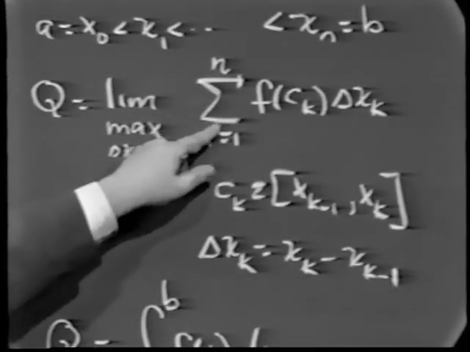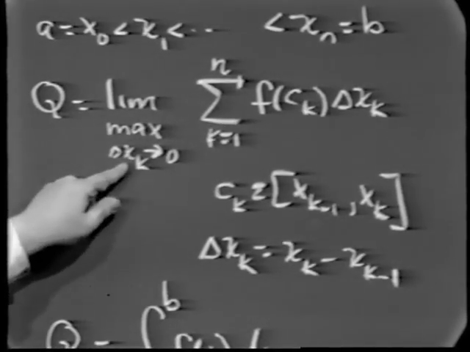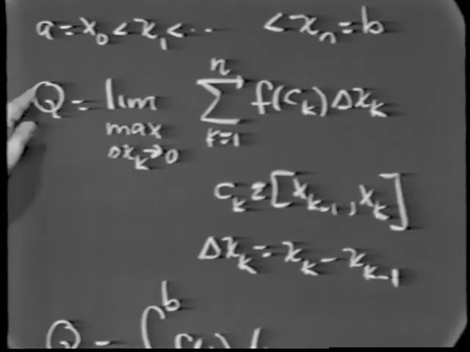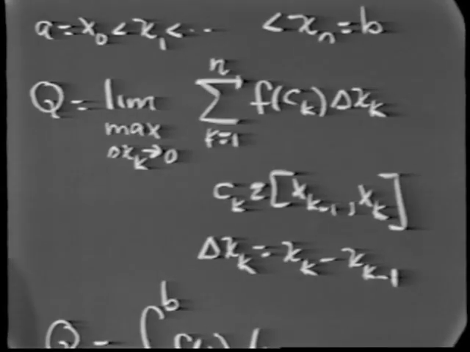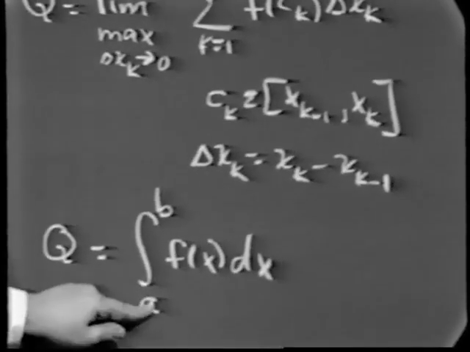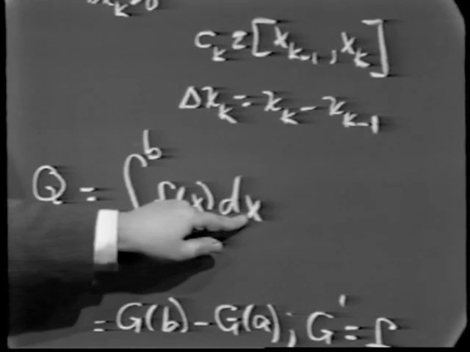If we take that limit as the largest delta x approaches 0 and call that q, that limit q exists. Symbolically, it's written by the definite integral from a to b f of x dx.